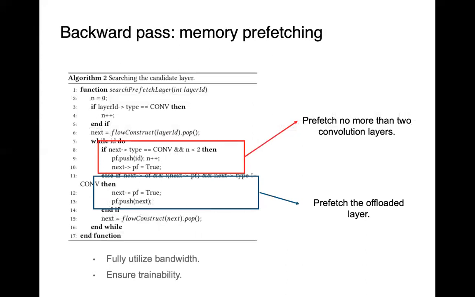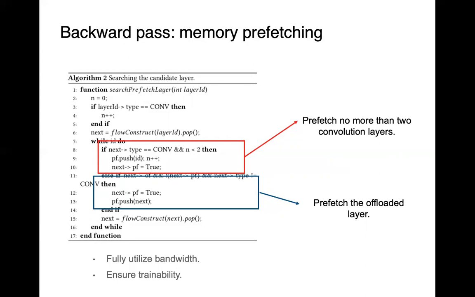In the backward pass, prefetching the offloaded input feature maps back to the GPU can be overlapped with the computation of backward propagation asynchronously. However, if the prefetched layer is too far away from the overlapped layer, the memory saving benefit will be reduced because the prefetched data cannot be reused immediately, wasting GPU memory.